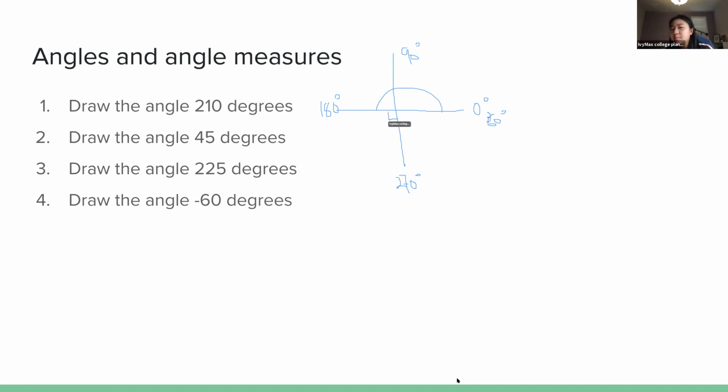And then if you split that into thirds, kind of right here, this one is 210 degrees.